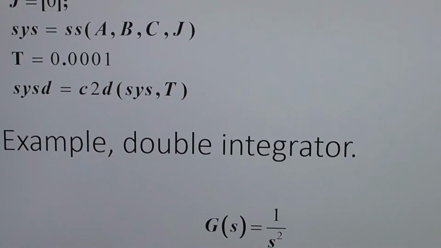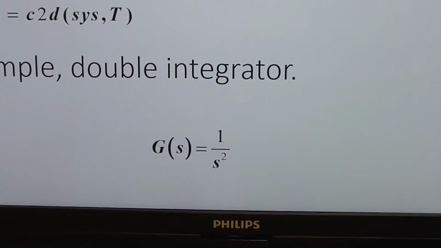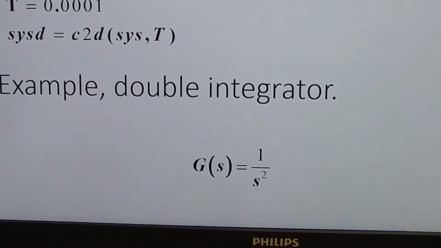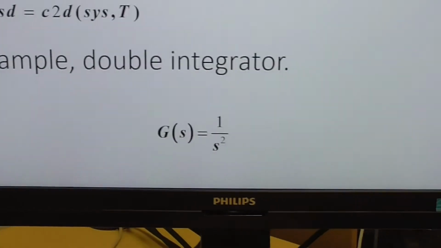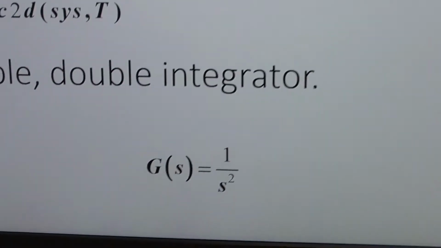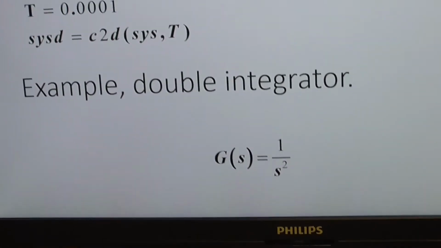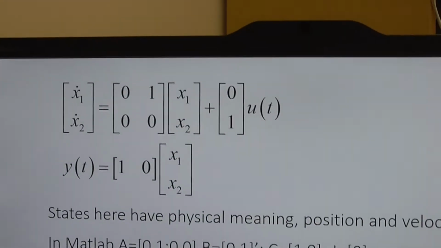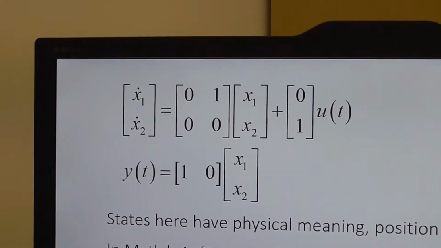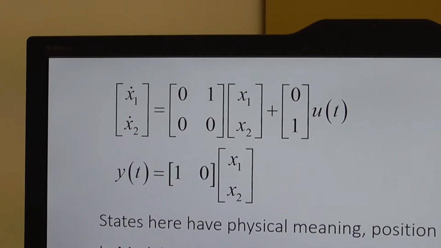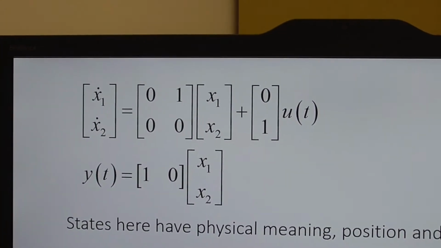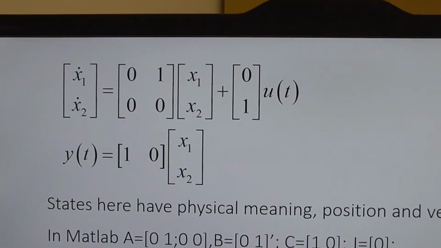Now, we're going to look at this example of a double integrator because that's very important, the double integrator system. Not because it's easy, but because it's relevant to inertial dynamics and so on. If we take the state space description of a double integrator, we can write its position and its velocity as the states x1 and x2.